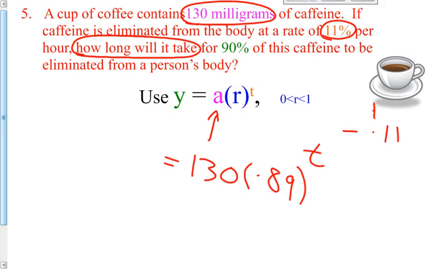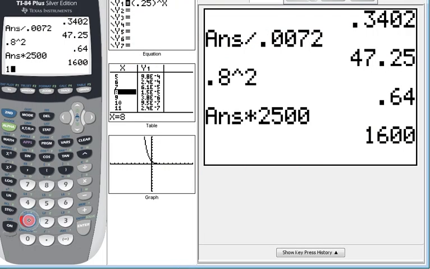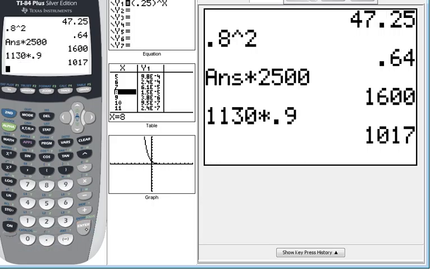So I ask you, class, what is 90% of 130? If you take 130 times 0.9, how long will it take for this much caffeine to be eliminated from the body? So 130 times 0.9 is... did I do that right?